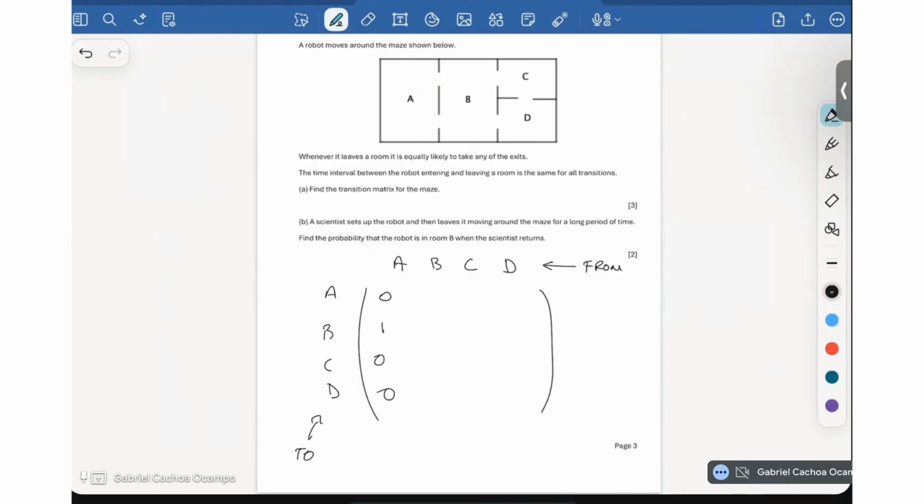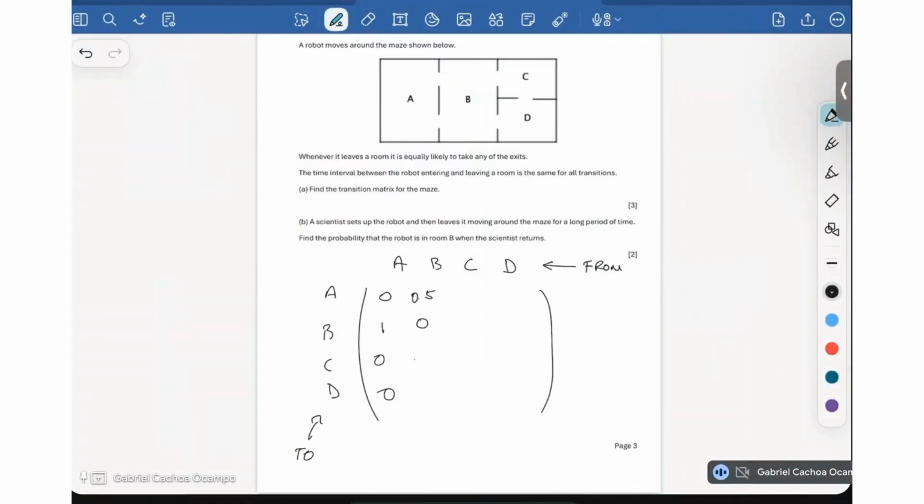Now, if I am in B, I have four gates, and of those four gates, two of them bring me to A, one to C, and one to D. So if I'm going to transition from B to A, I have 50% probability.